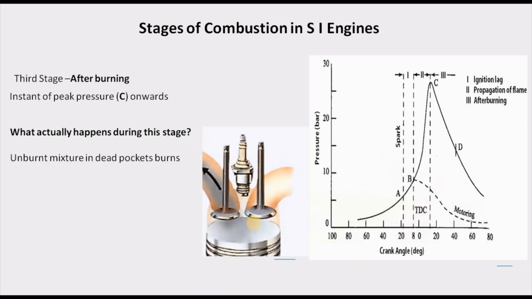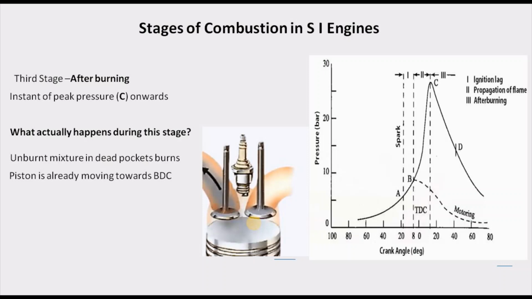But once the flame has traveled, sufficient heat is available now in the combustion chamber, and whatever heat is now available is able to increase the temperature of the mixture in the dead pockets to a sufficiently high temperature where it can reach self-ignition temperature and burn.